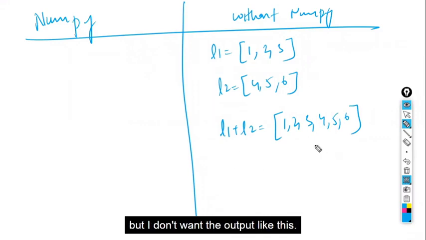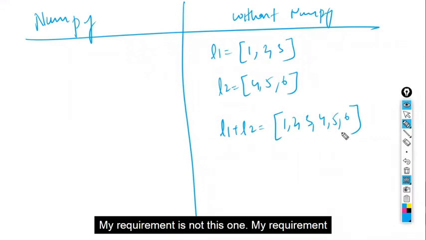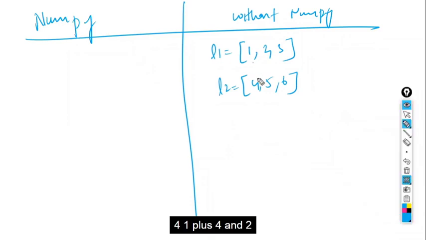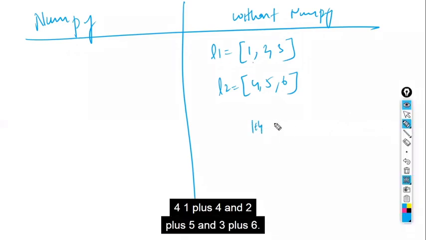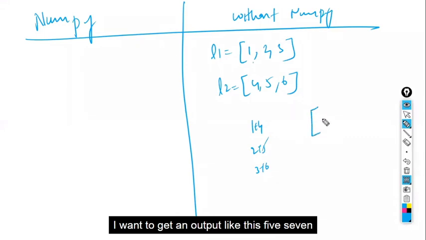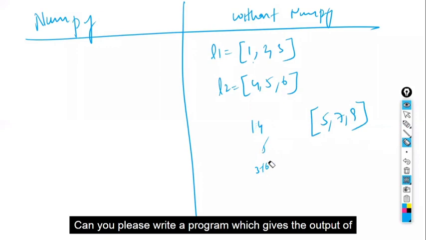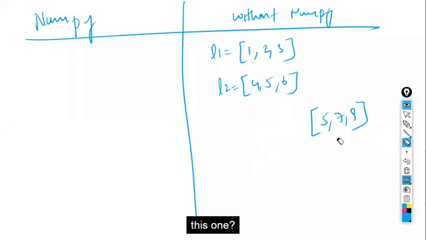But I don't want the output like this. My requirement is in a different way. My requirement is 1 plus 4, 2 plus 5, and 3 plus 6. I want an output like this: 5, 7 and 9. Can you please write a program which gives this output?